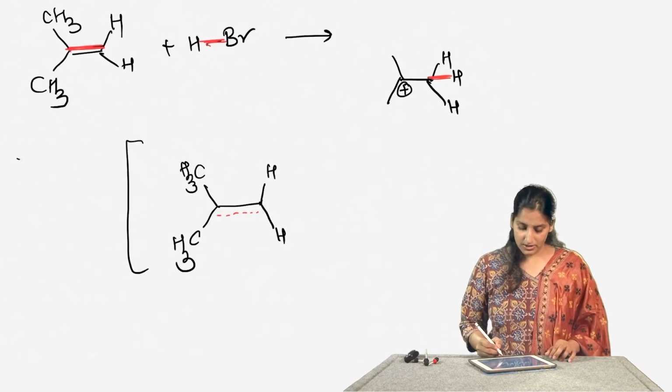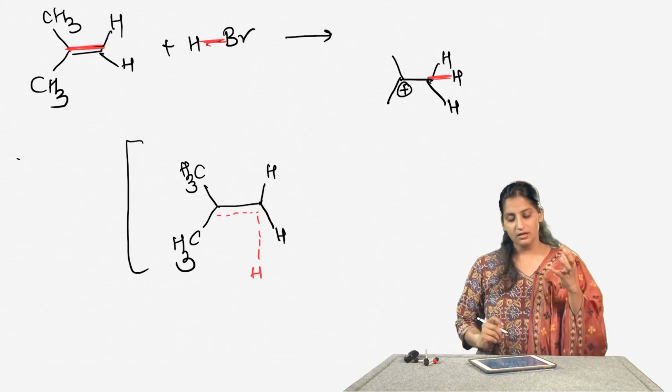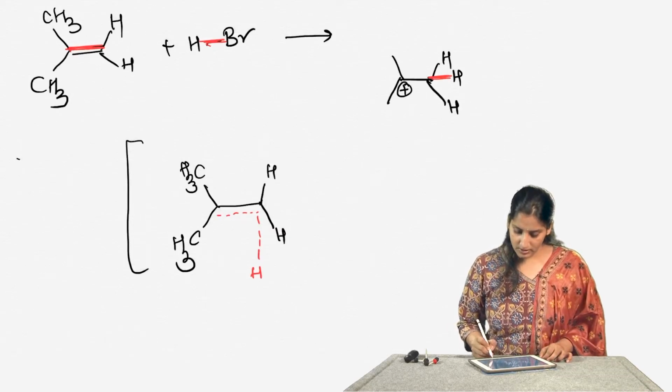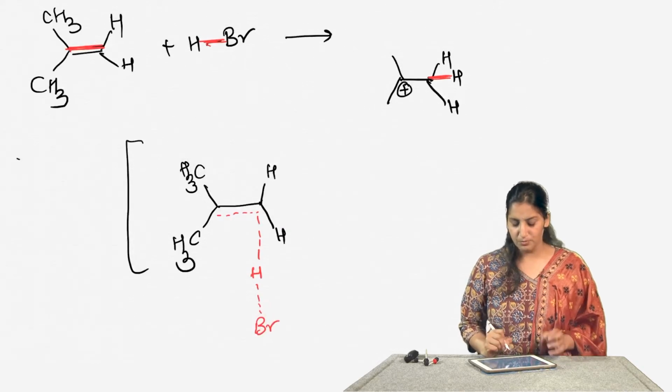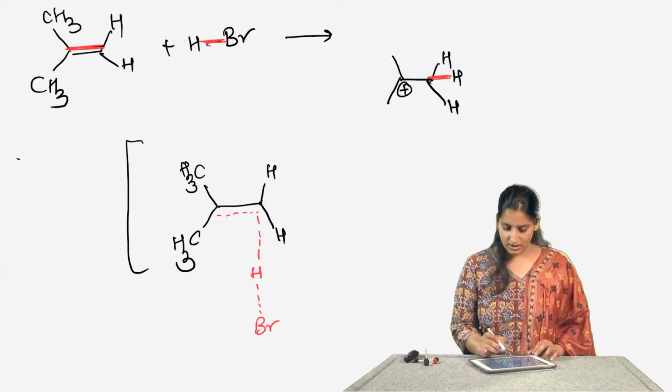Now, as you can imagine, the carbon-hydrogen bond has slowly started to form as the double bond attacks the HBr, and as a result of which the hydrogen-bromine bond has also started to break partially. Okay. So, this is how the transition state really looks.